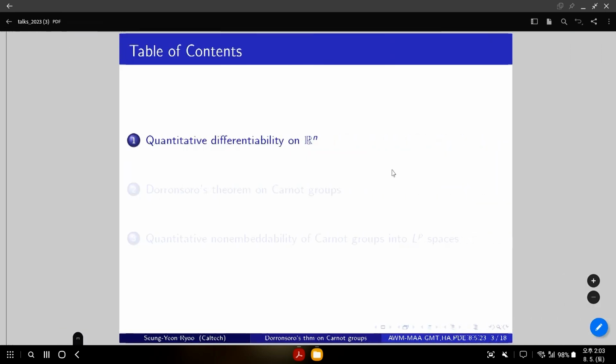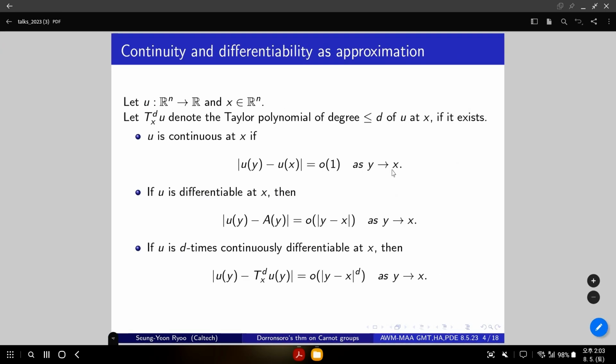So to begin with the first part, I will start off with a relatively simple note; this is stuff you learn in calculus. Say u is a real valued function defined on R^n, and x is any point in R^n, and denote by T^d_x u the Taylor polynomial of degree at most d of u at x, of course if it exists.